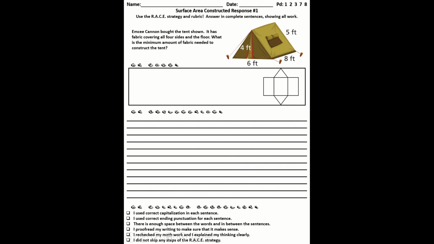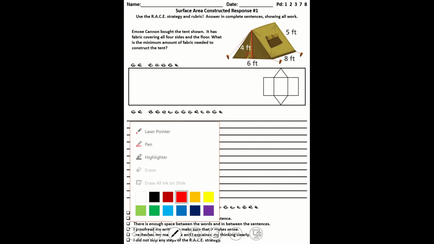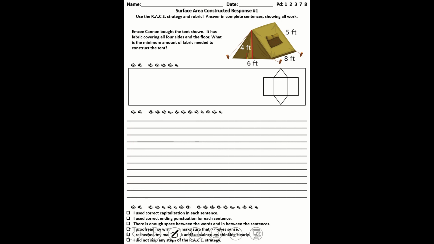Okay, and now that I have a net here, I am going to write all of the numbers that are represented on this tent. So let's start with these triangles.